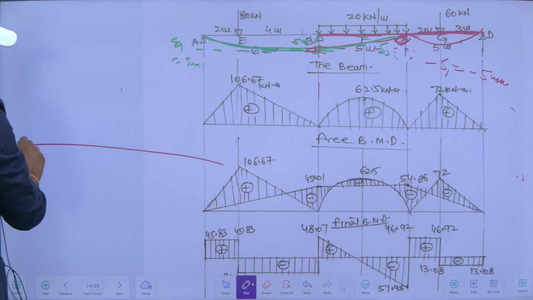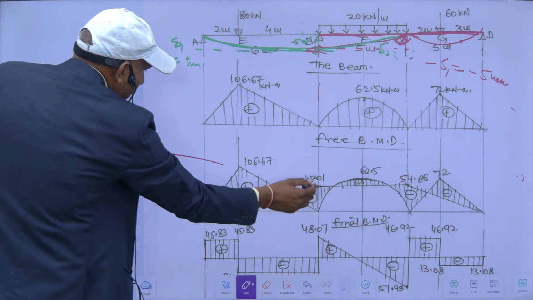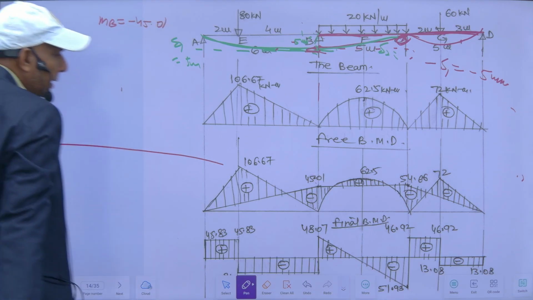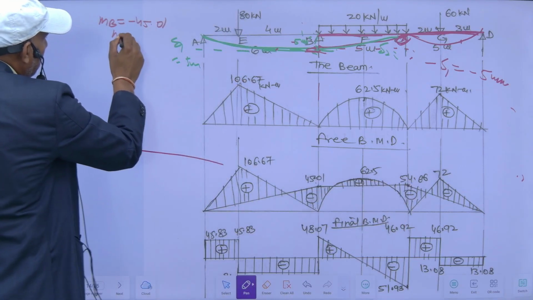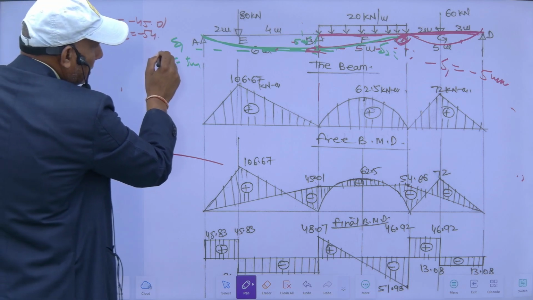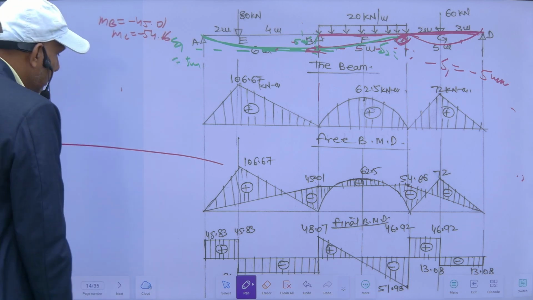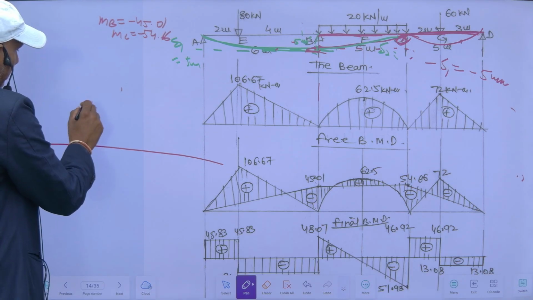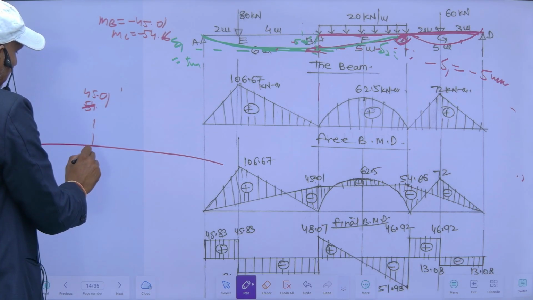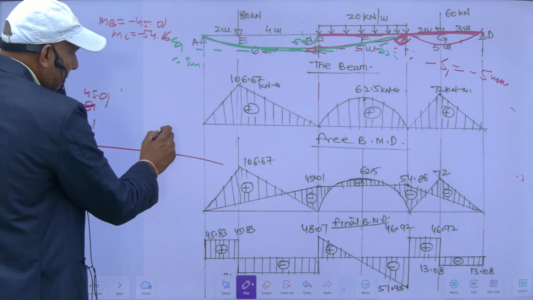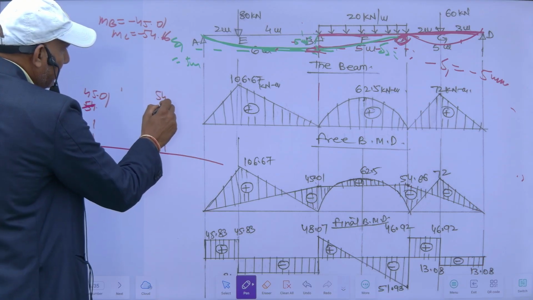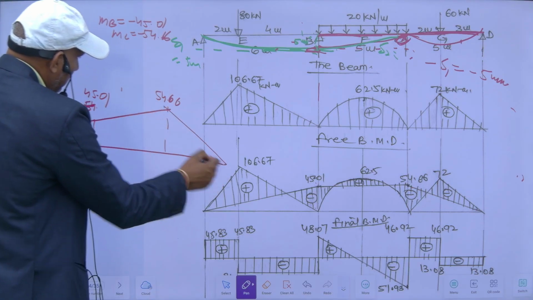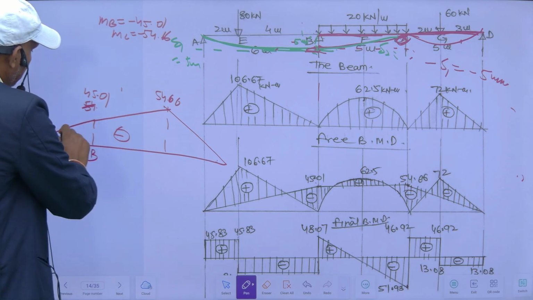MA is equal to 0, and MB, as we calculated, is minus 45.01, and MC is equal to minus 54.66. So it will be like this, 45.01 at MB, and this one is 54.66, and this is 0. So this is hogging.